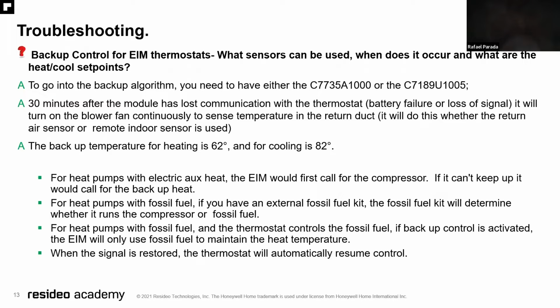And if we do have a fossil fuel kit installed on the system, the fossil fuel kit is going to take control to run either the heat pump or the gas or oil furnaces. And this will be in place until the thermostat resumes communication with the EIM, and then the thermostat returns to having control of the system.